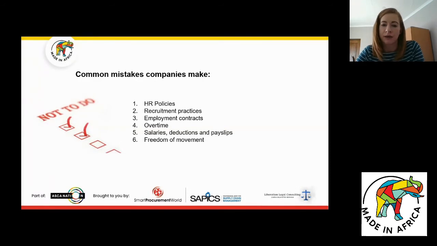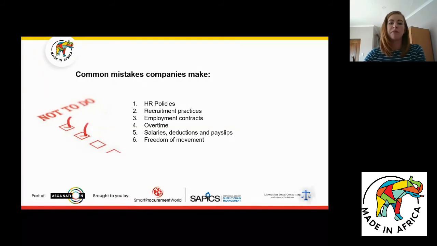Salaries, deductions, and pay slips. All salaries or wages must be in line with the country's local laws in terms of minimum wage payments. Each employee must be provided with a payslip for each salary or wage payment period that sets out the salary and any deductions made.